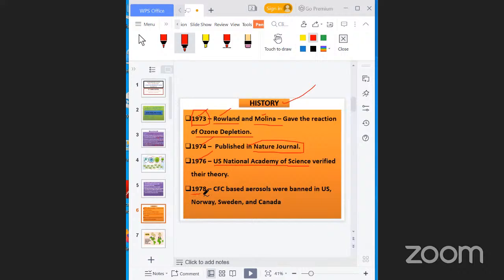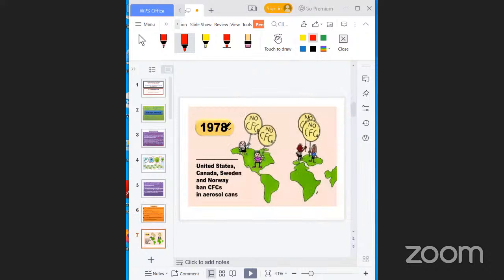In 1978, chlorofluorocarbon-based aerosols were banned in certain countries, namely the United States, Norway, Sweden, and Canada. So you see, in the year 1978, chlorofluorocarbons were banned in these countries.